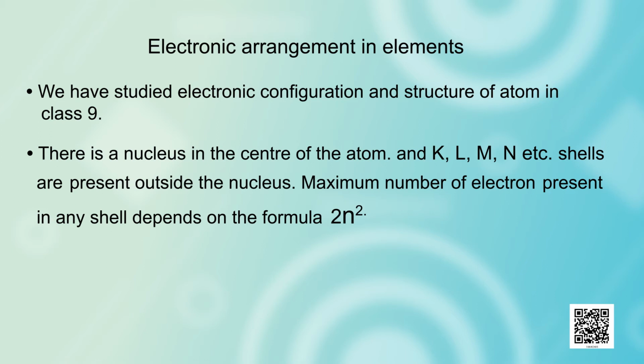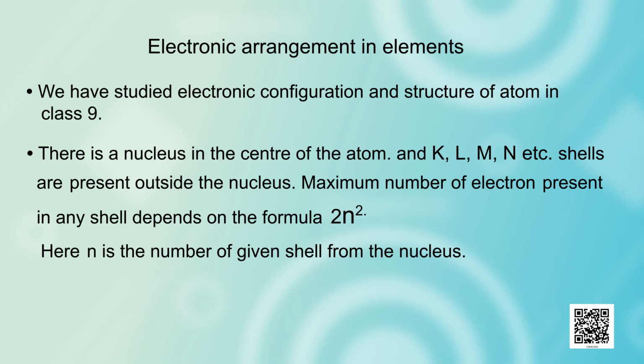The maximum number of electrons in any shell depends on the formula 2n squared, where n is the number of the given shell from the nucleus.